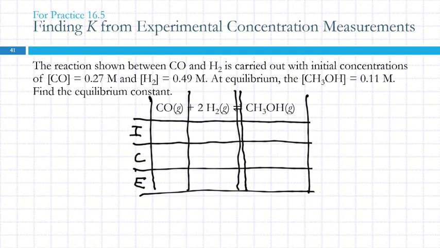I-C-E. So in our ice table, we've got initial, change, and equilibrium. So they're telling us some initial concentrations. The CO was 0.27. The H2 is 0.49.